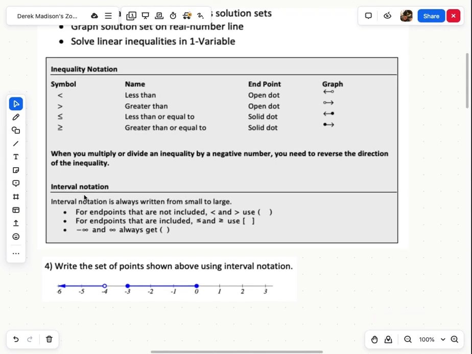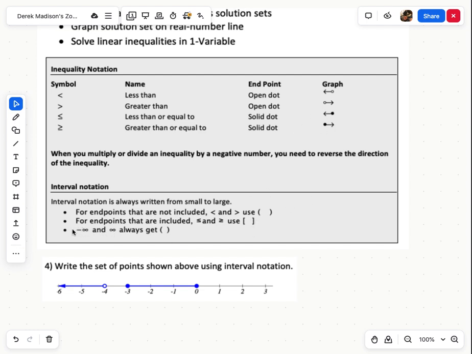The other thing in terms of interval notation: when we're using less than, greater than, and open dots on our graphs, you'll see what I mean by this in a second, we're going to use parentheses when we're describing the endpoints there. So parentheses go with open dots, go with no equals, and when there is equals, we're going to use brackets. So it's brackets, solid dots, and equal signs.